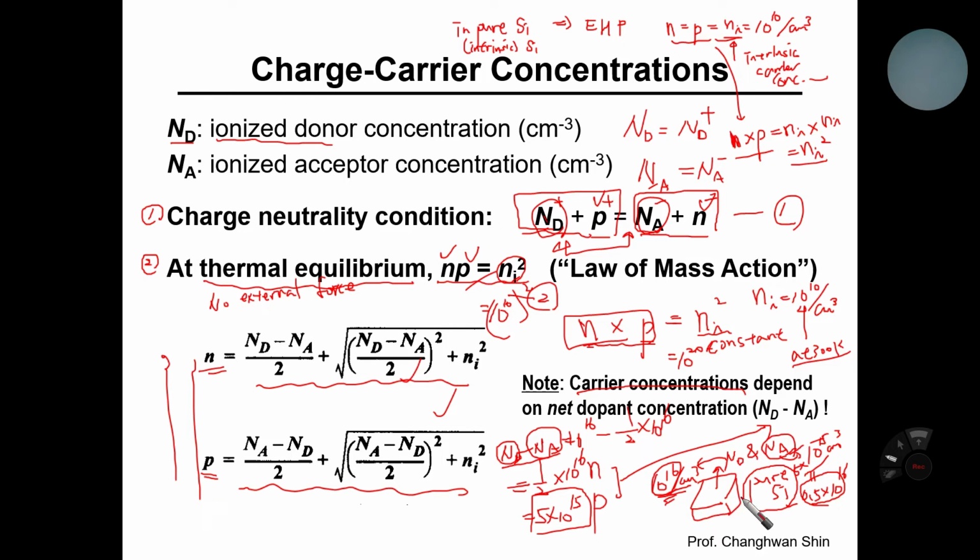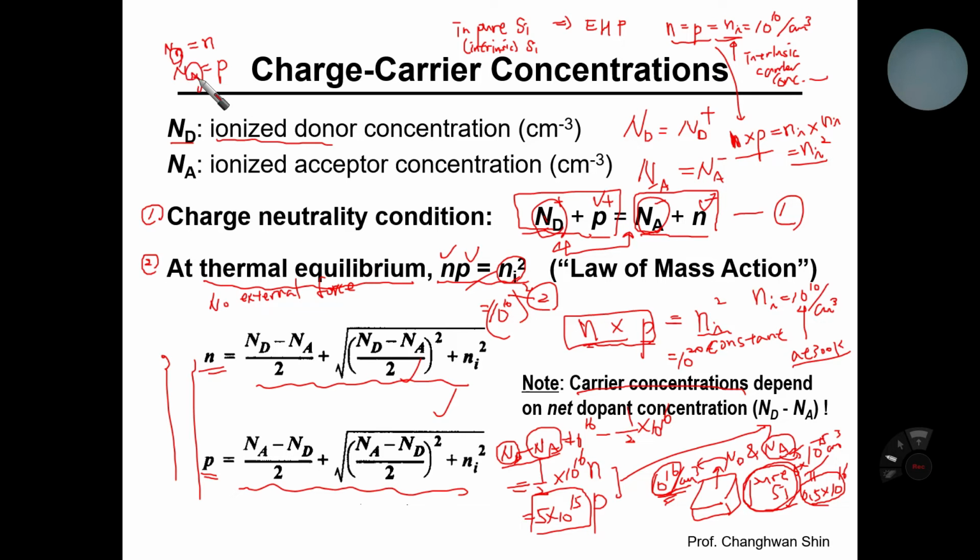Then, from the perspective of this pure silicon material, it has a doping of 5 times 10 to the 15 donors concentration. So whenever we are talking about the electron concentration and hole concentration, previously I mentioned that donors concentration would govern the total amount of electrons, and acceptors concentration would govern the hole concentration.